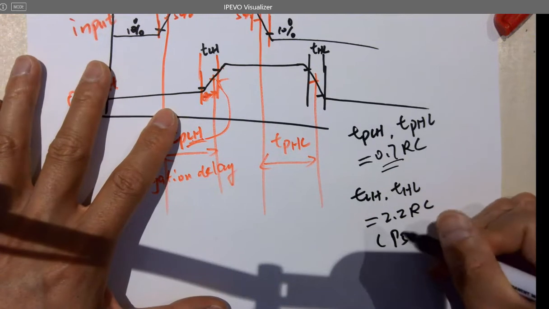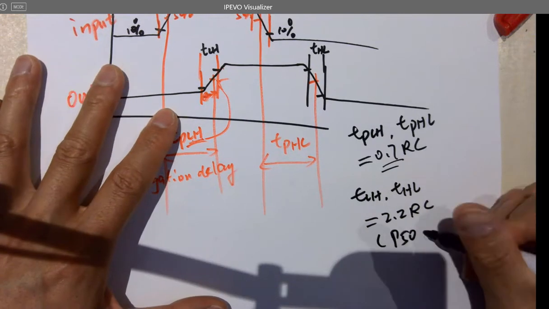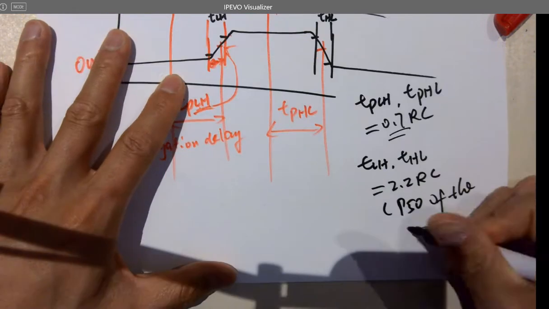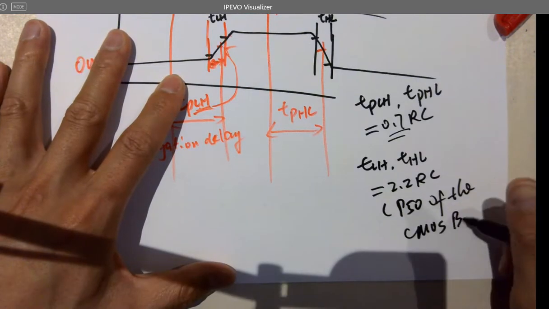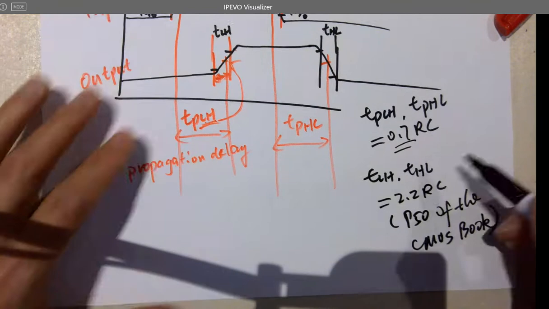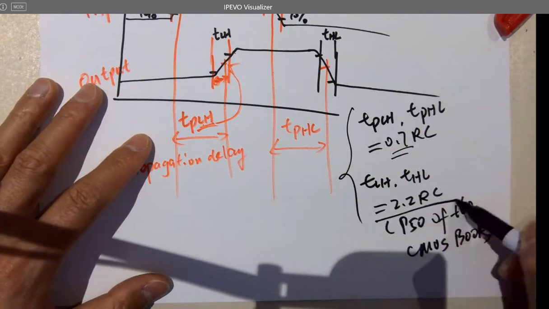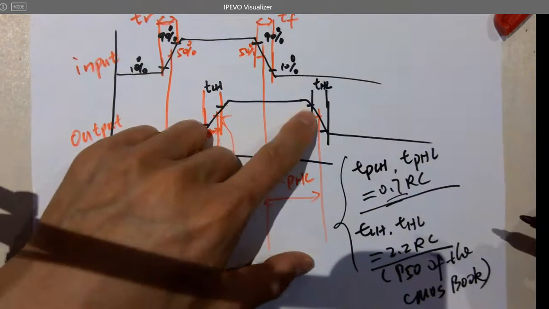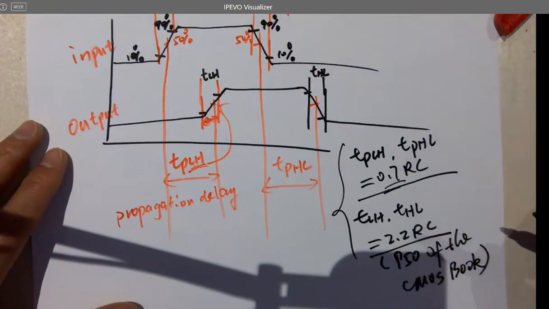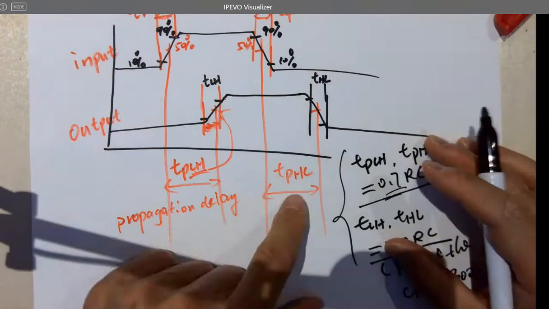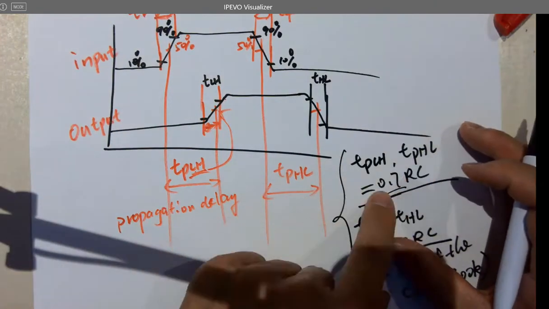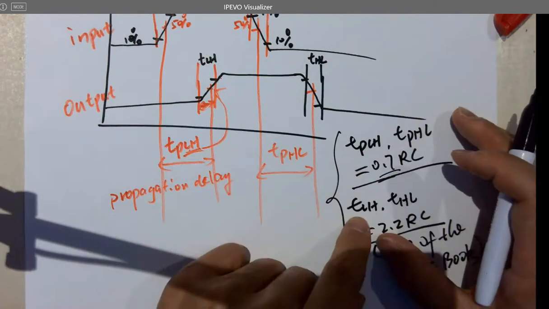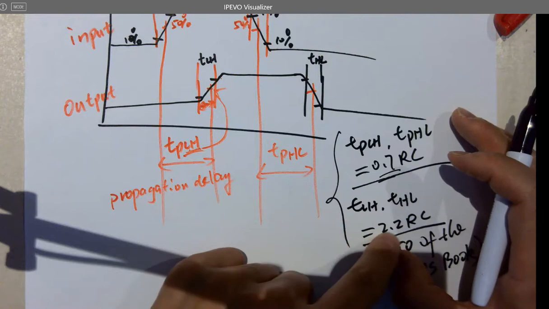It's on page 50 of the CMOS book to find out more explanations on these two. But now we're just directly using 0.7 and 2.2 RC to calculate these delays. Whenever it's TPLH, TPHL, it is 0.7 RC. Whenever it's TLH, THL, it is 2.2 RC.